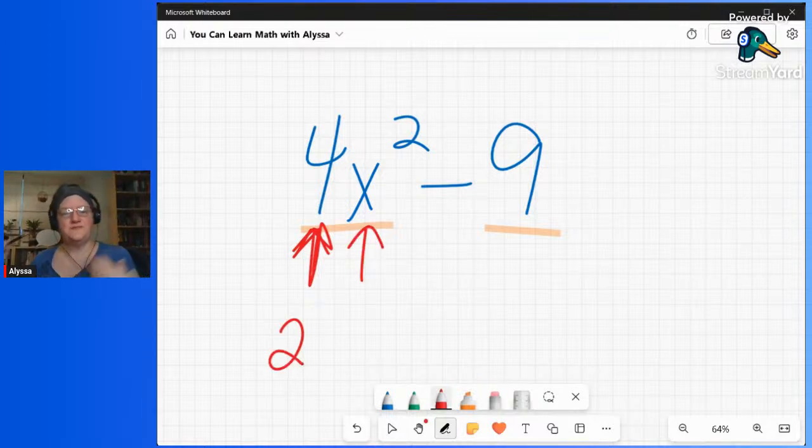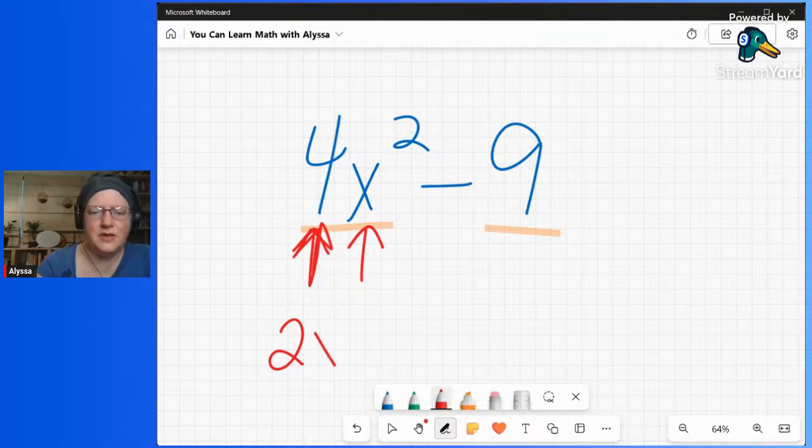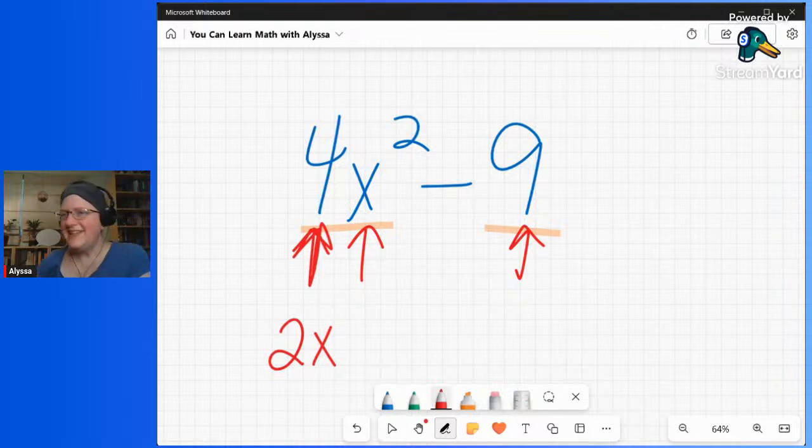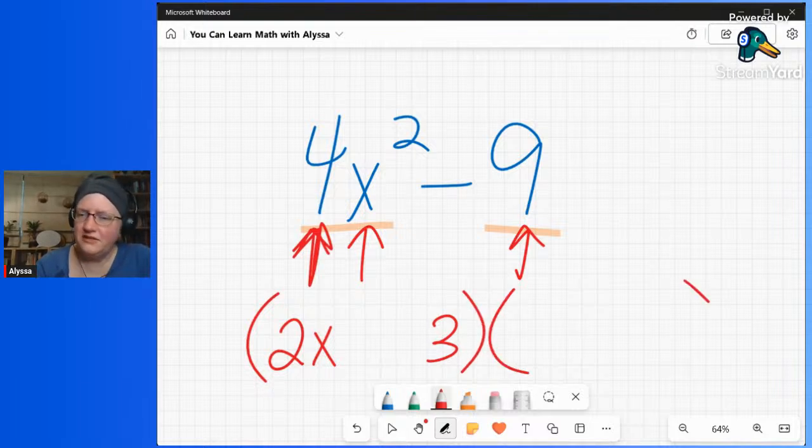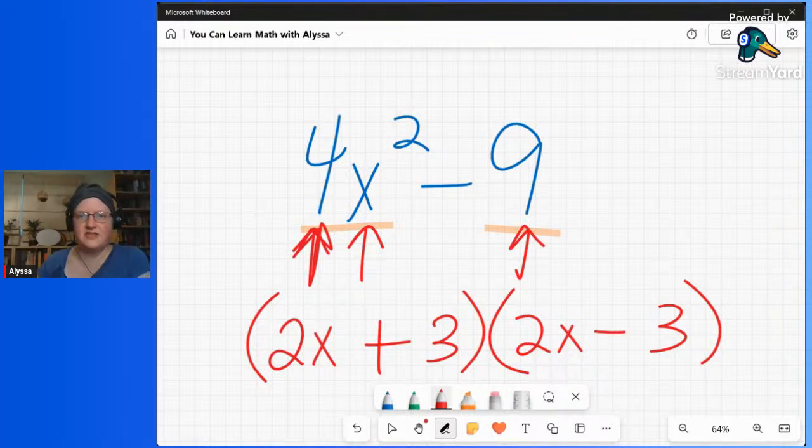X squared. Is that a perfect square? Yes, it is. What is its square root? X. Right. We got a 9. Is this a perfect square? Yes, it is. What's the square root of 9? A 3. So to factor it, all you have to do is write them twice, plus, minus, factored, done.